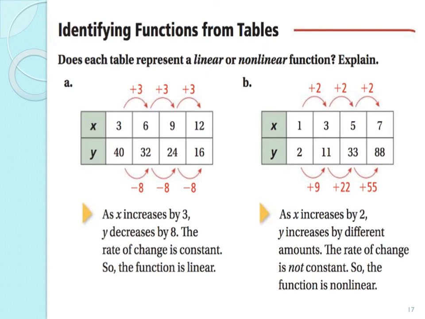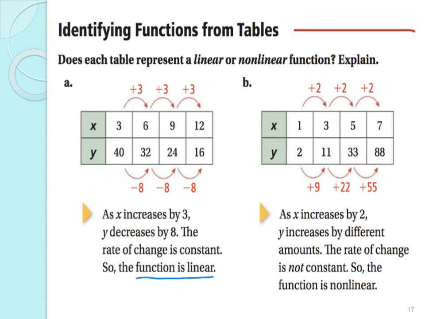So here we're going to talk about the tables and if they represent linear or nonlinear functions. On A, it is a function and it is linear because the constant rate of change stayed the same.